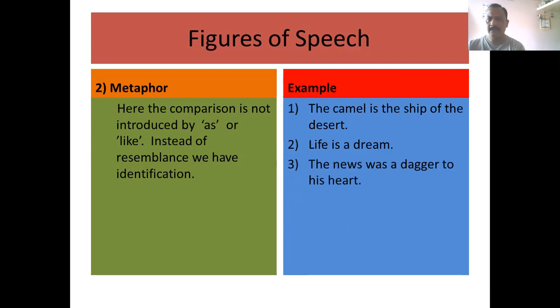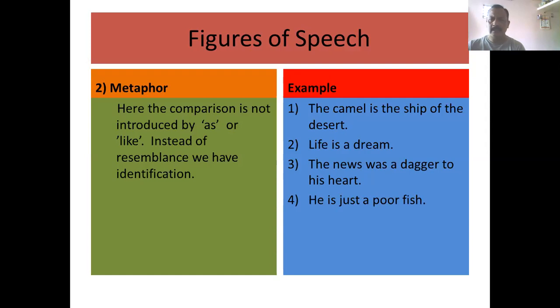Then the third example, the news was a dagger to his heart. The news and the dagger, these two things are compared there. And you will find that here as or like is not used. Instead of comparing with as or like, the news is directly called a dagger. At that time, it is called a metaphor.